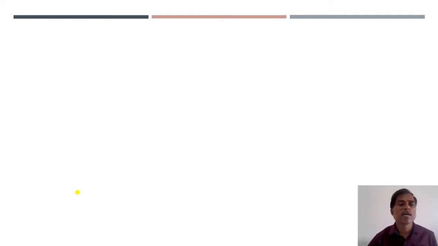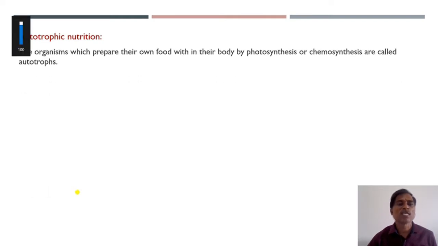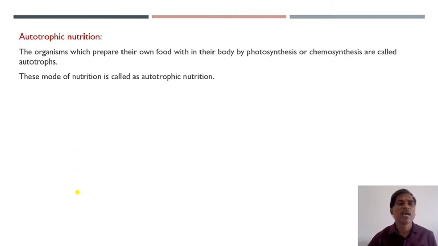Now we discuss the three types of nutrition methods. The first one is autotrophic nutrition. What is autotrophic nutrition? The living organisms that can prepare their own food by chemosynthesis or photosynthesis are called autotrophs. This mode of nutrition is called autotrophic nutrition.